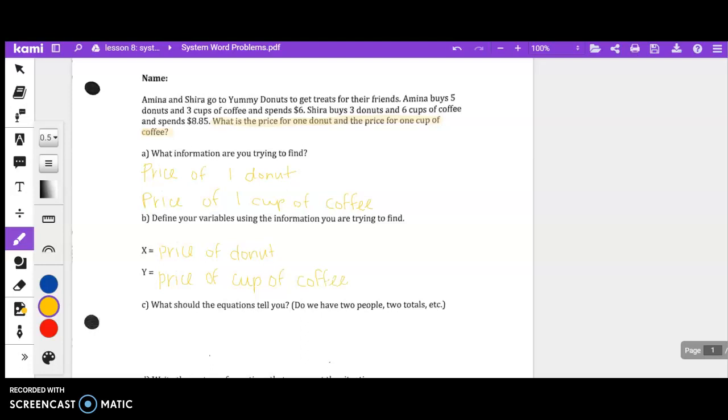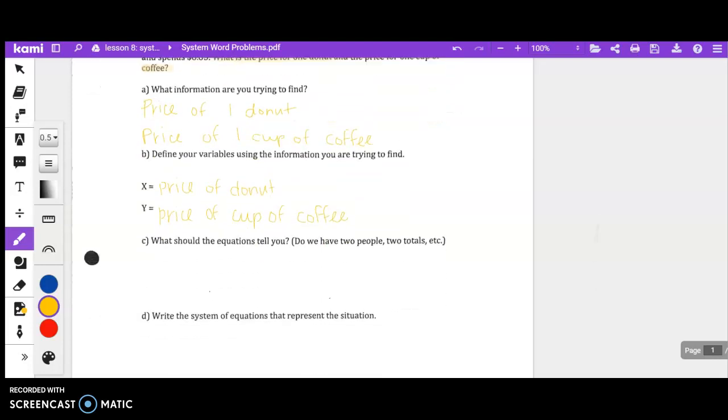So what should my equations tell us? When we're thinking about a system, we typically have 2 people, 2 totals, etc. You want to think about 2 different situations where an equation is going to represent one situation. So specifically in this example, we have 2 people. We talk about what Amina is buying and we talk about what Shira is buying.